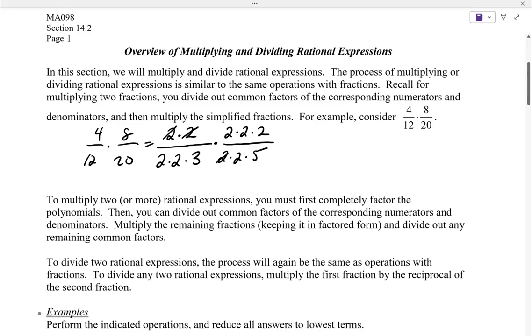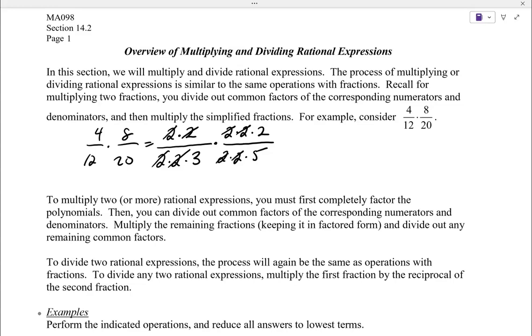I could do this one with that one if I wanted to, as long as I'm doing one on top and one on bottom, right? I could do this one with this one. The whole idea with this is as long as you see a factor on top and on bottom, as long as it's multiplication, I can cancel wherever I want to, right? So I've got 4 of these 2's on top and 4 of them on bottom. I can divide them all out.